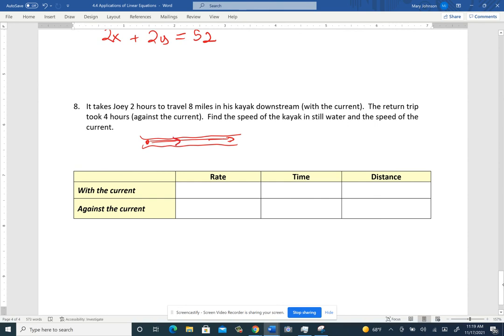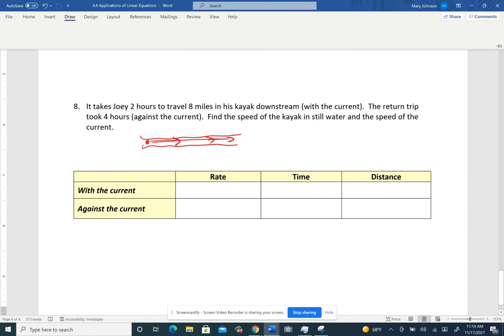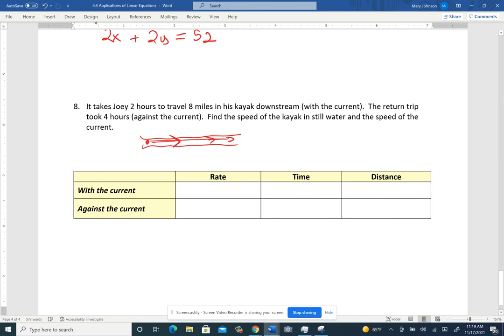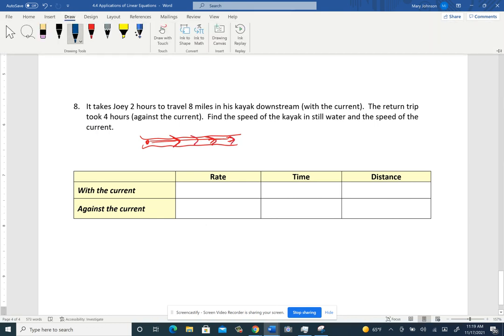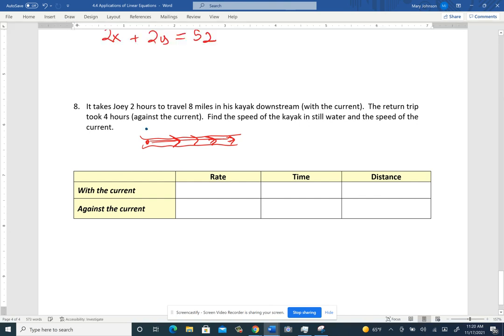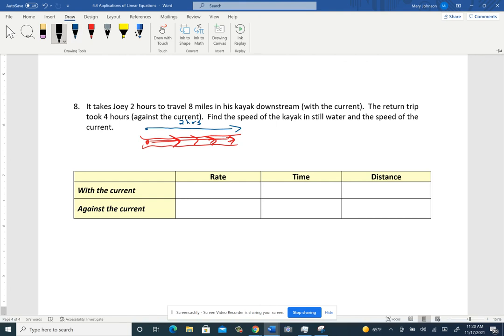So if the current's going this way, when he does his return trip, let me do the current in red. So this is the flowing of the water. Then let me do blue for the downstream. So downstream, he goes this far, and he does it in 2 hours. And then in black, let me do the return trip upstream against the current.